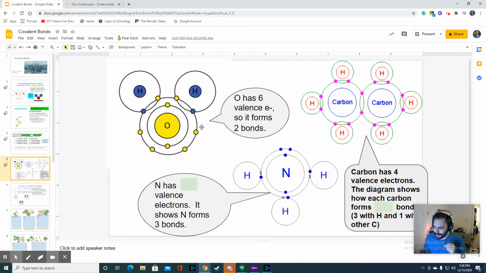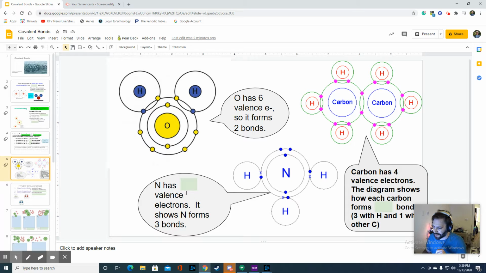Octet rule. Okay, so if we notice here, this Mickey Mouse looking molecule, which is water, two H's, H2O. Oxygen has 6 valence electrons, so it forms two bonds. Here we have nitrogen. This is actually ammonia. Some of you might know it's a common cleaning product. Ammonia has nitrogen and 3 hydrogens, NH3.